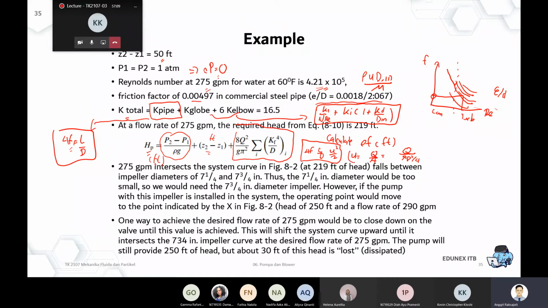So once you simplify everything, you get this simplified 8Q square per g pi square sigma of Kf per D to the fourth. The 8 part comes from the area divided by 2 and so on.